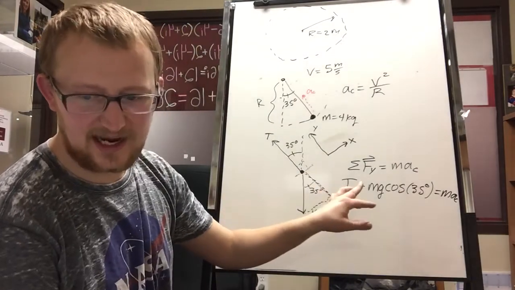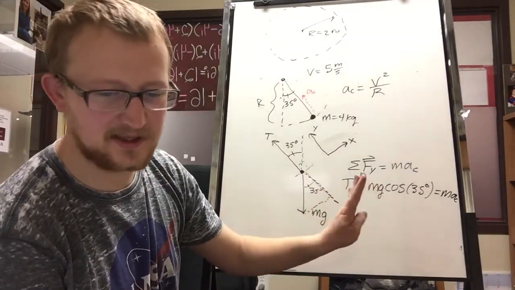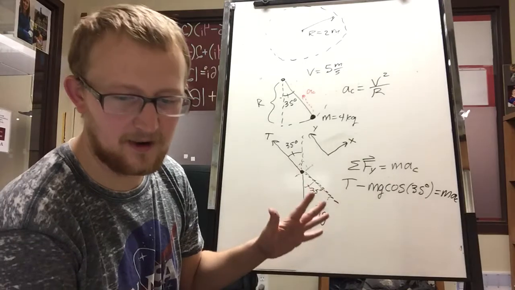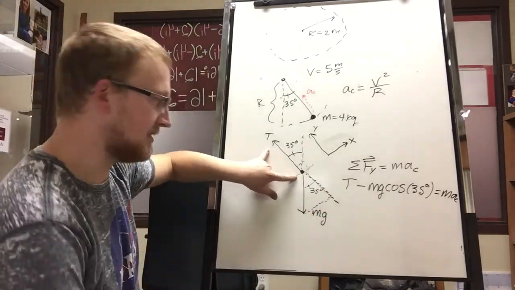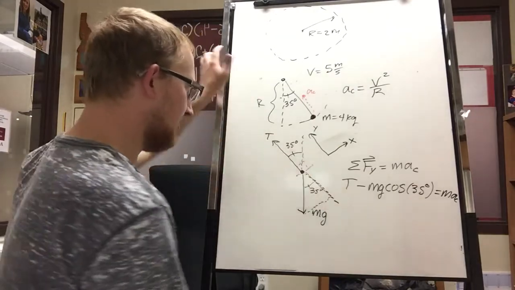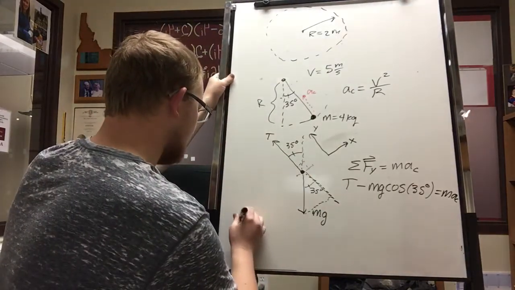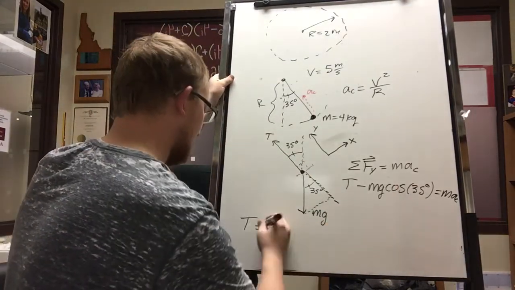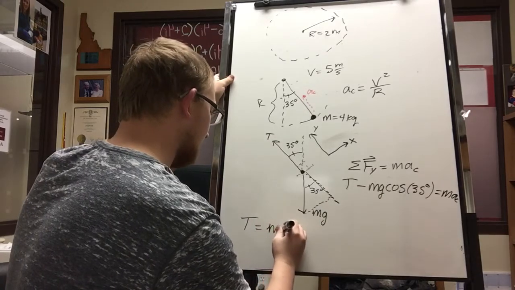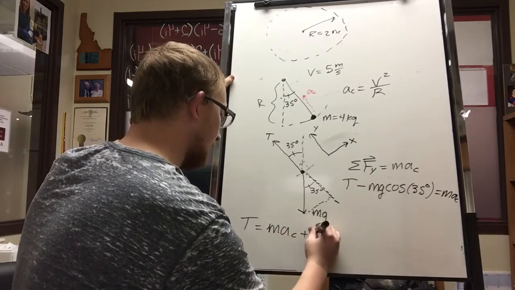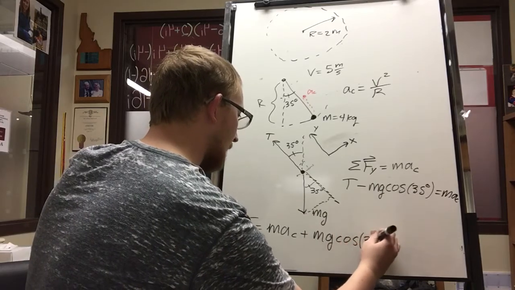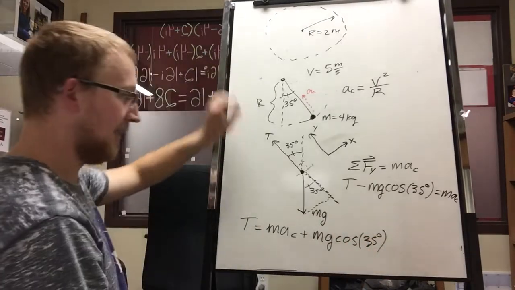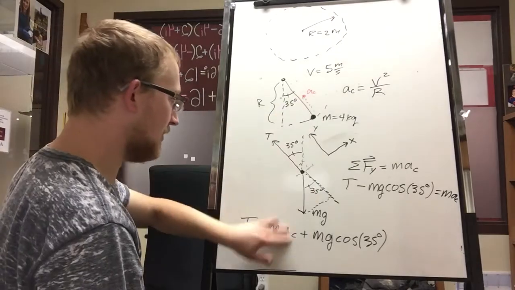What the question is asking for, it says at this instant, what is the magnitude of the force the string exerts on the mass? So we're looking for the magnitude of the tension. So we really want to solve for tension. So let's get tension all on its own. Add mg cosine 35 over there. Alright, now let's see what we have. Well, we know a_c is equal to v squared over r.